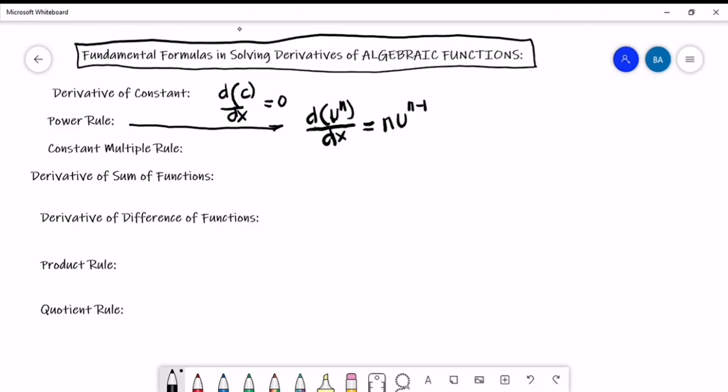The constant multiple rule is for such functions wherein there is a constant or a coefficient. So the third one is about the constant multiple rule. The concept here is just that it has a coefficient or a constant.